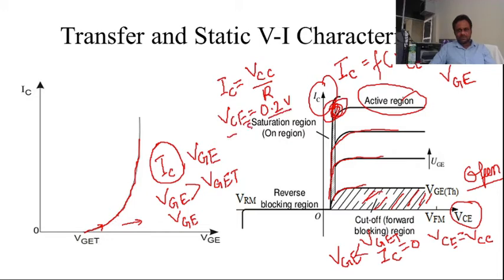Saturation voltage VCE sat. And VGE is having the rated value or greater than the threshold value. So if you try to work this IGBT as a switch, you will have two points, one is here and another is here.